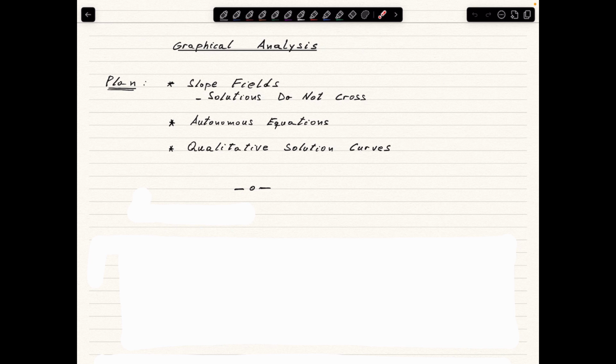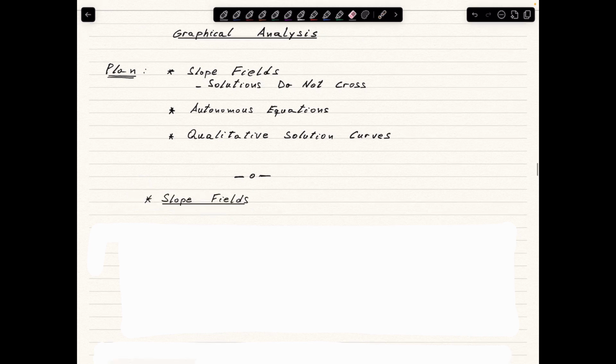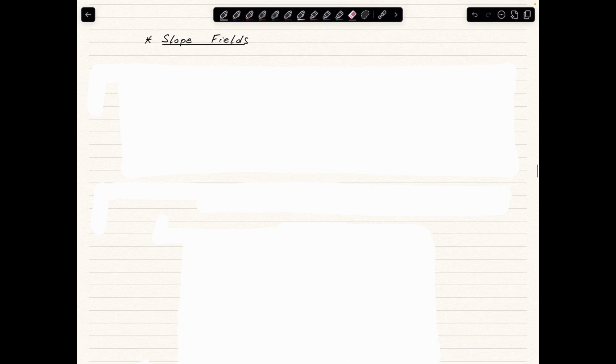Let's start with the concept of a slope field of a differential equation. What is a slope field?